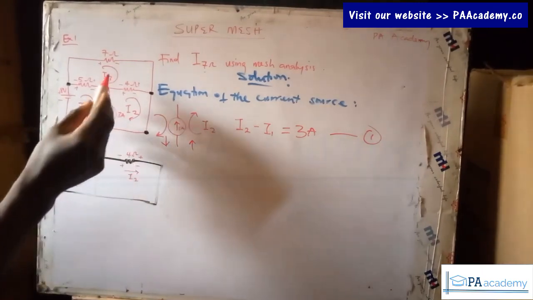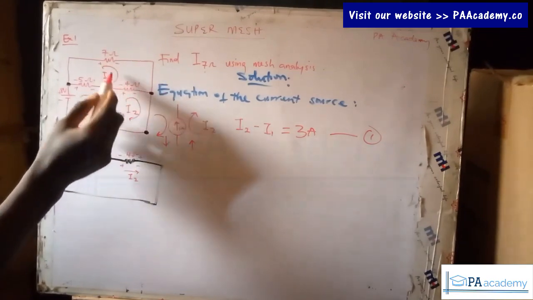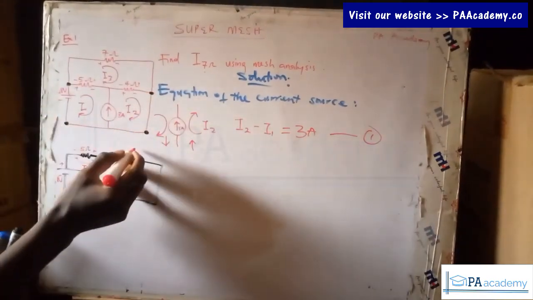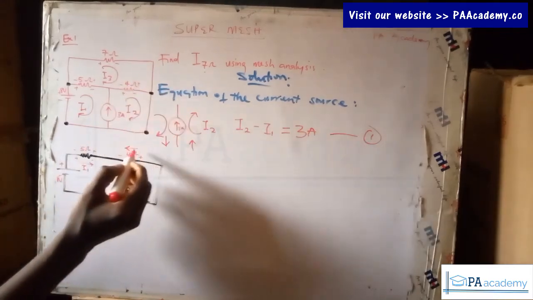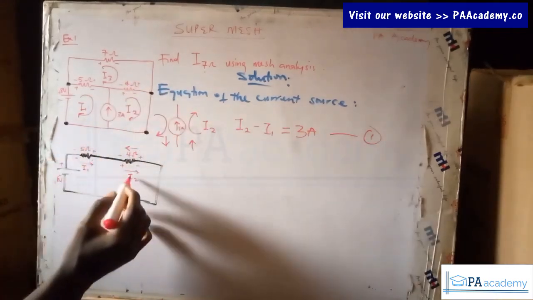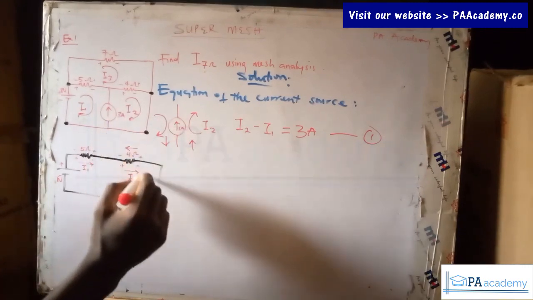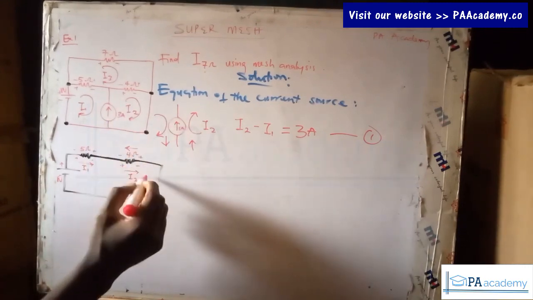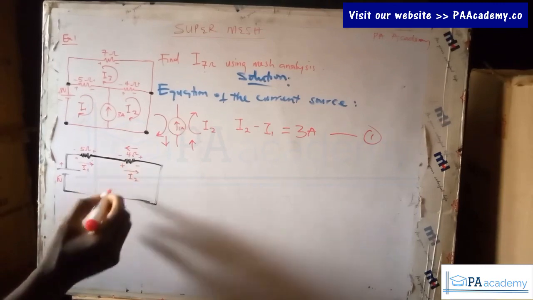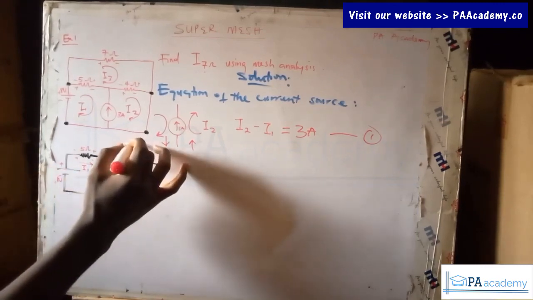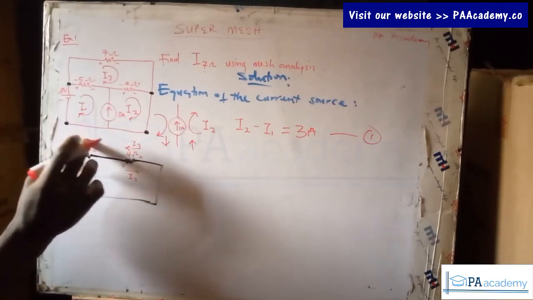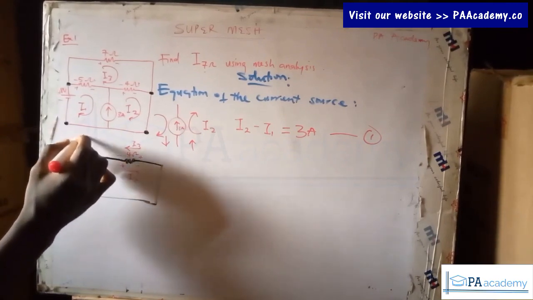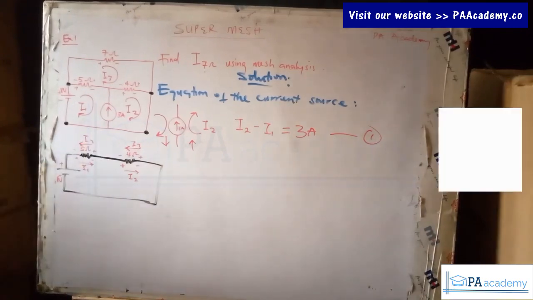Now I3 is also flowing through the 4 ohm resistor in this direction. If you are going clockwise, by the time it gets here it's facing here, while when it is down, I2 is also flowing clockwise, but now it will be in this direction. So this is I3, and the same current I3. Now we've been able to draw our super mesh.